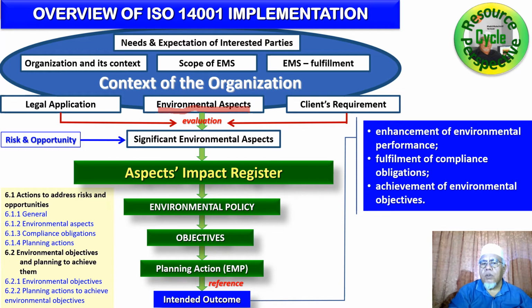So it's most important that when we do environmental aspects identification, we get the people with hands-on experience who know the process best to be part of that group, and you won't go wrong. This is my experience and practice.